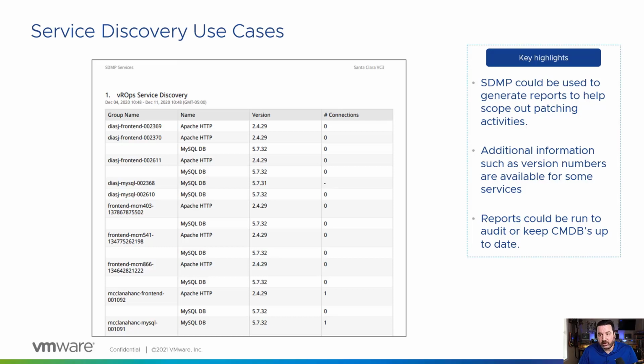But we can use this to help plan out patching activities, and create a report for all of our services. In this case, we're looking at Apache and MySQL. I've got the version numbers of each, so now I can start to scope out which virtual machines I need to patch. Those are other cool use cases for service discovery.